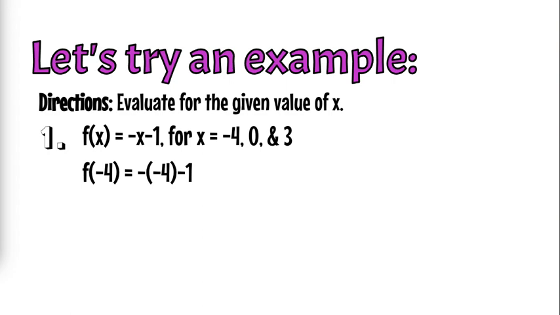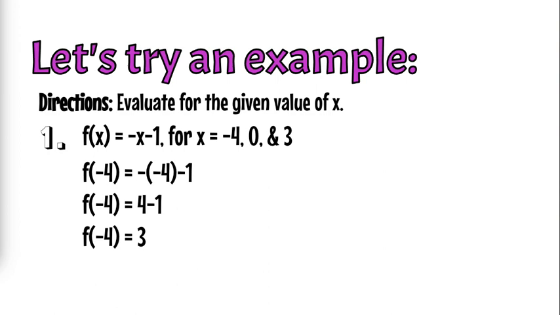So f of negative 4 is equal to negative (negative 4) minus 1. See how it's helpful to keep parentheses around the value that we're plugging in? Here we know that negative negative 4 simplifies to positive 4. So we have 4 minus 1, which simplifies to 3. So f of negative 4 is equal to 3.